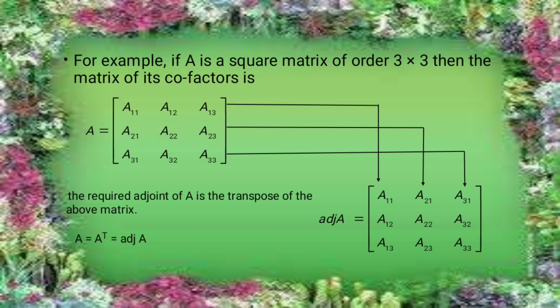The required adjoint of A is the transpose of this matrix. So just convert first row into first column, second row into second column, third row into third column. So we get the adjoint of the matrix, and it is denoted by A raised to T, that is adjoint of A.